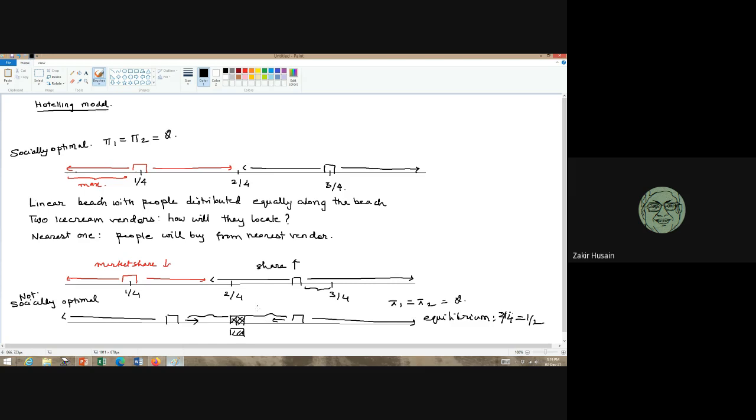But no producer will have the incentive to risk going back to the original position. If they can come to an agreement, it's fine. But even if they come to a verbal agreement, what will happen is that they are going to try and cheat.